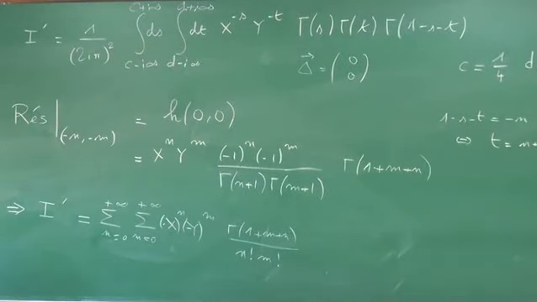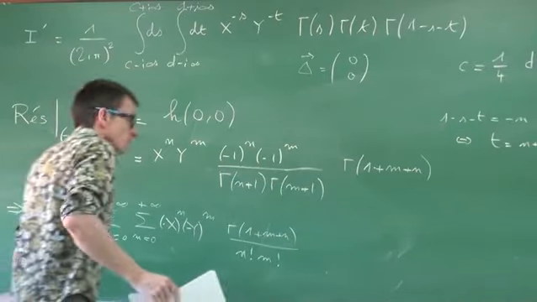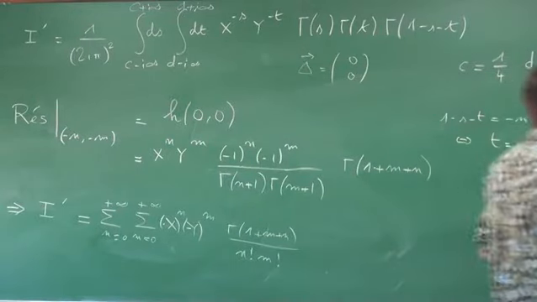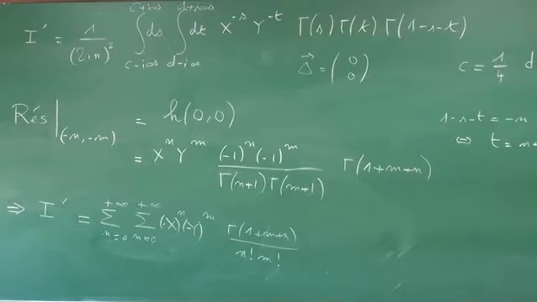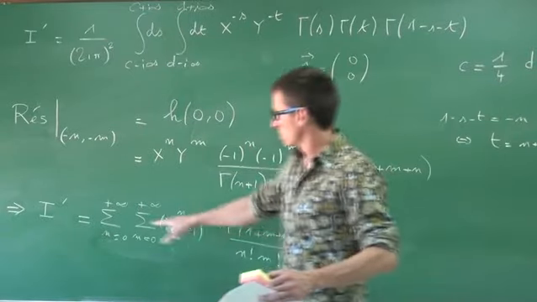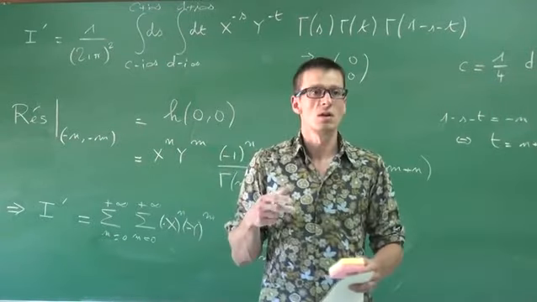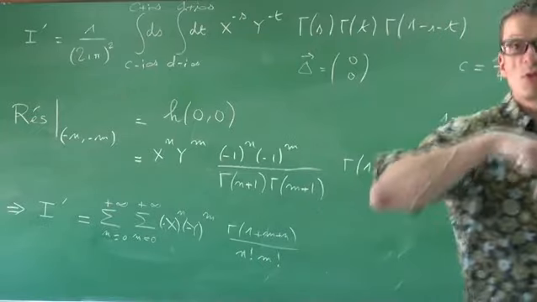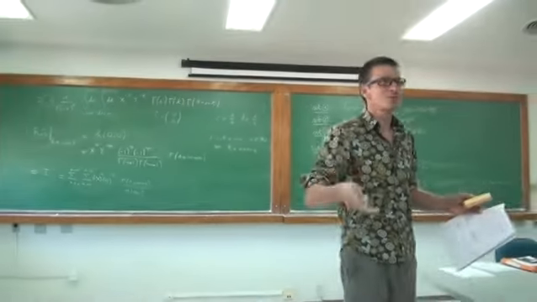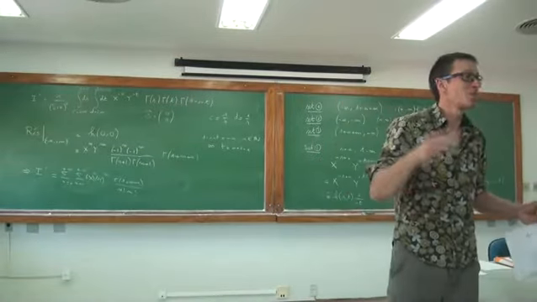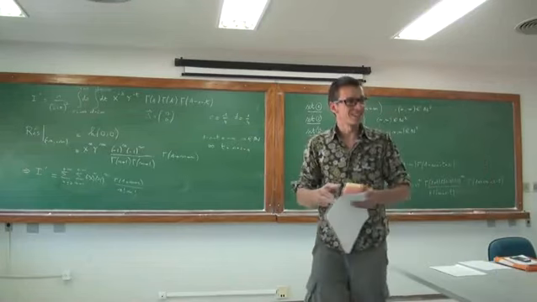Okay? In fact, there is a subtle point, to know the overall sign of this. Because when you do the Cauchy theorem, you know that when you close the contour to the right, you have a plus sign, and when you close the contour to the left, you have a plus sign here. How do you know that?